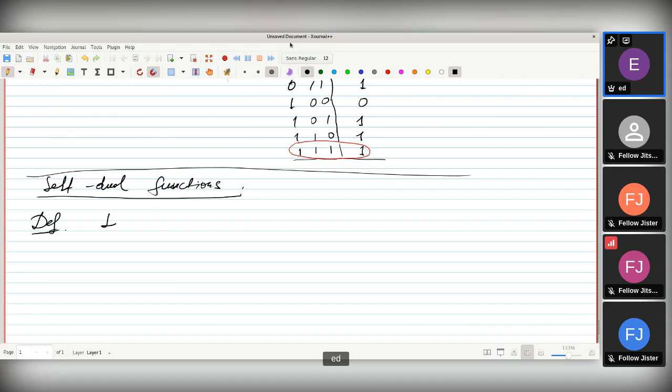First of all, let f be a Boolean function of an argument.